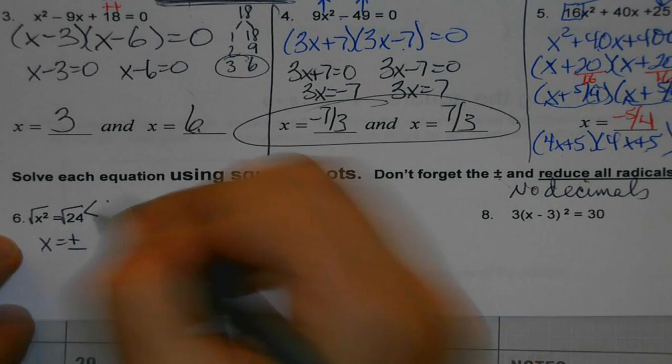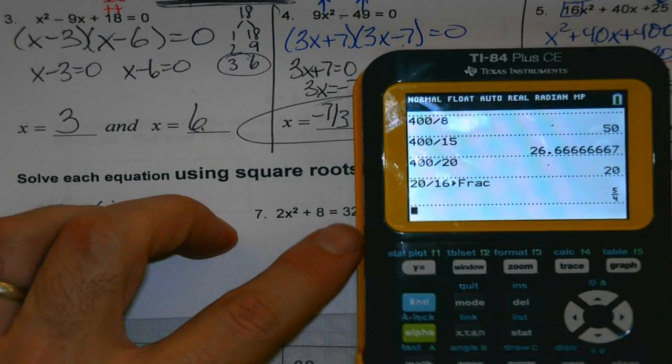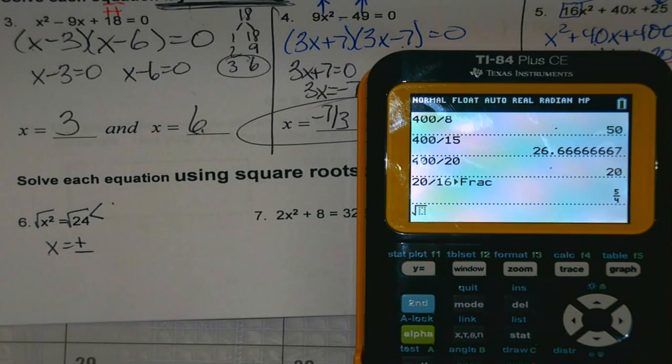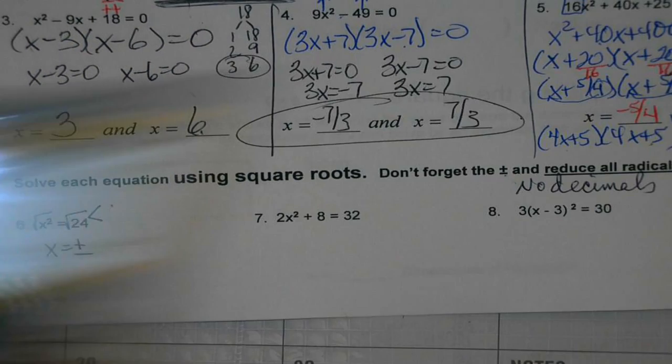But let me say this one more time so I can make sure it's understood. Don't you dare write plus or minus 4.9. Okay? No. Just no.